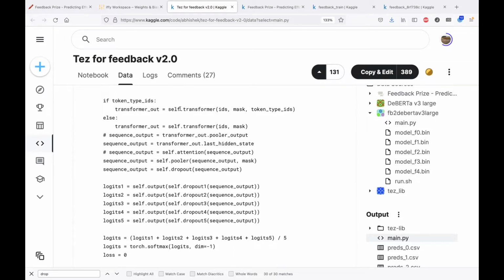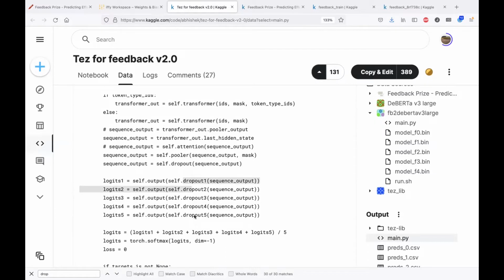So after the transformer, the output goes through a pooling layer. I think he's just using a simple mean pooling, and then after the pooling layer, he uses this dropout layer first, and then it branches out into these 5 different dropout layers, and then he gets the logits from each of these 5 branches.